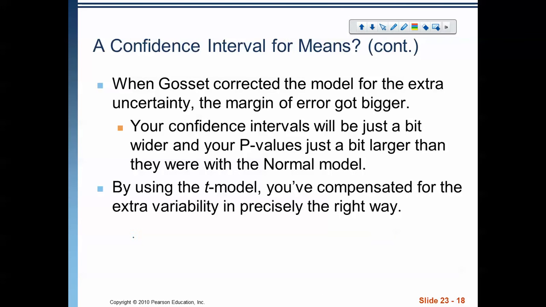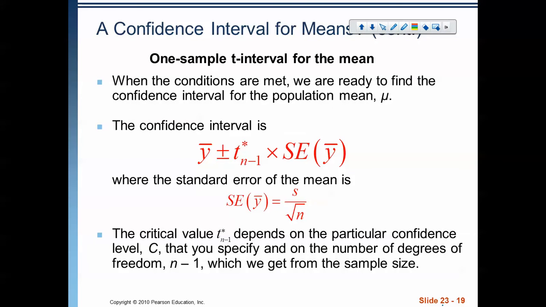By using the t models, we've been compensating for that extra variability so that it doesn't create a problem. Now, when we go to make our interval, it has the same conditions that have to be met: it has to come from a random sample of data, and it has to be nearly normal.